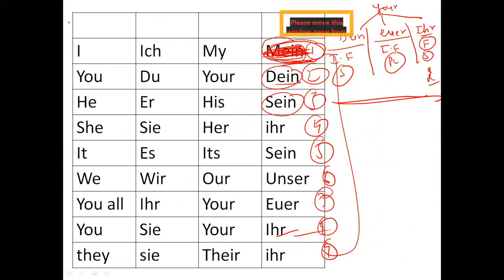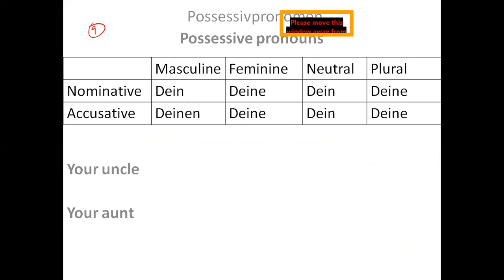Now the second table is for dein, right? Now here the second table for you, dein. What does it mean? Your, your, and your. Similarly here, your, your, and your.